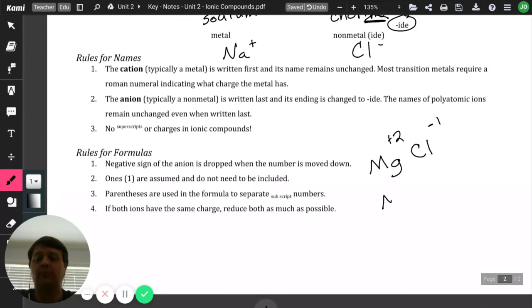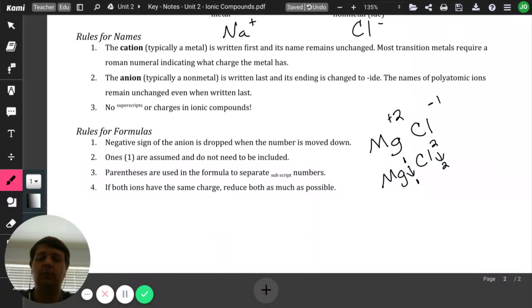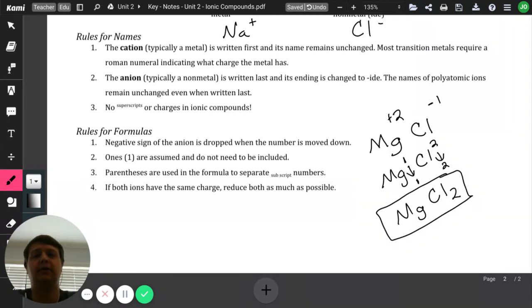Swap would be magnesium gets the 1, chlorine gets the 2. Then we drop those numbers down. So magnesium gets the 1 there, chlorine gets the 2 there. And then we reduce if we can. Well, can I reduce a 1 and a 2? No, I cannot. So our final formula would be MgCl2.